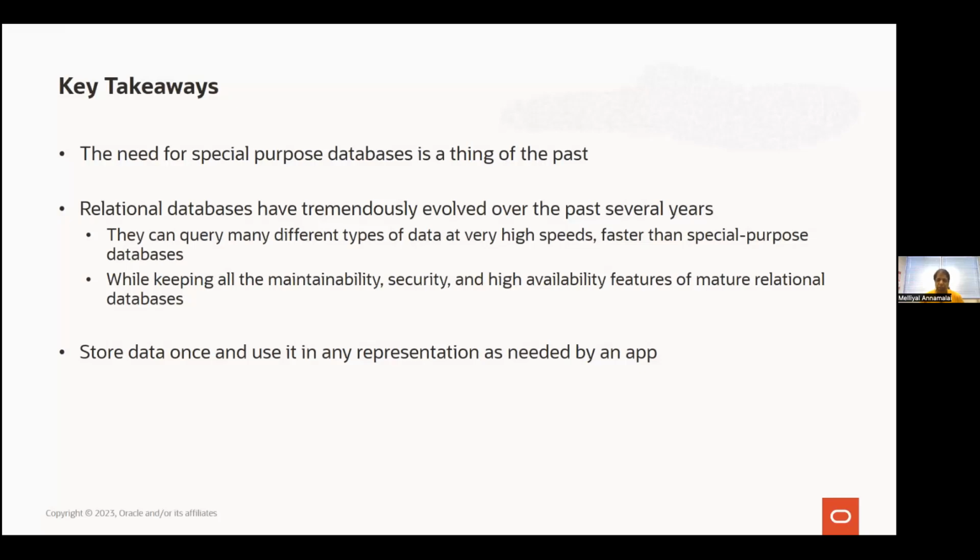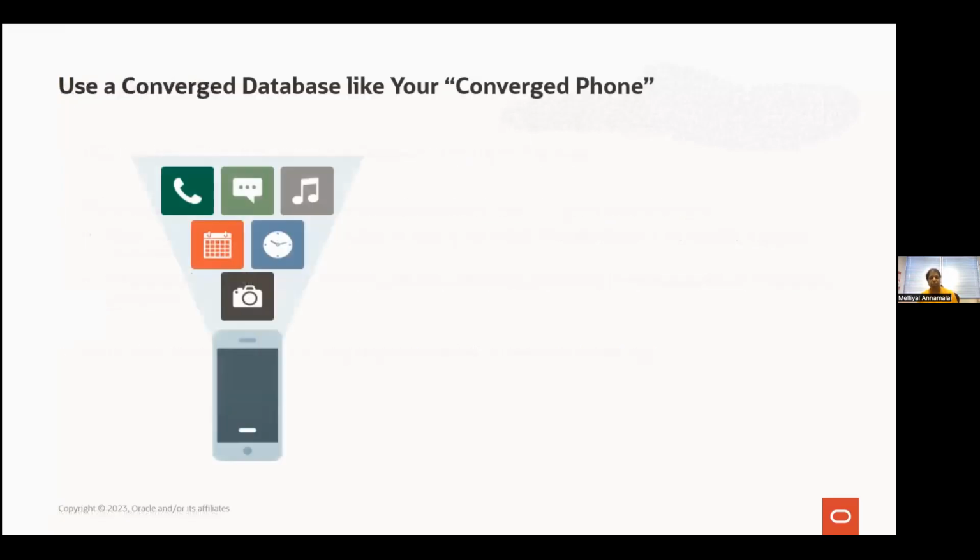It has evolved over the years to be able to query many different types of data at very high speeds, and with graph, we shared some numbers, while keeping all the maintainability, security, and high availability features that one expects from a database. And with 23c, we're taking it to the next level, the concept of you store your data once in an optimized structure and then use it in any representation as needed by your application.